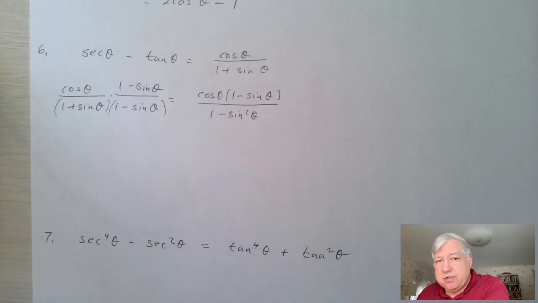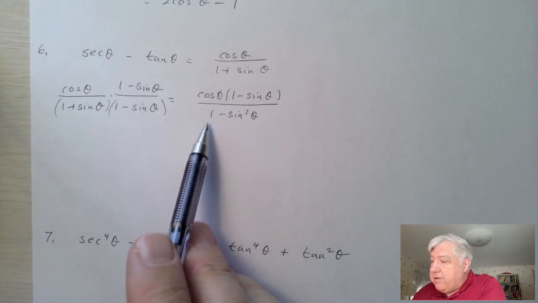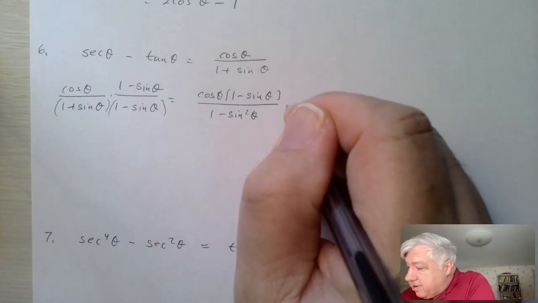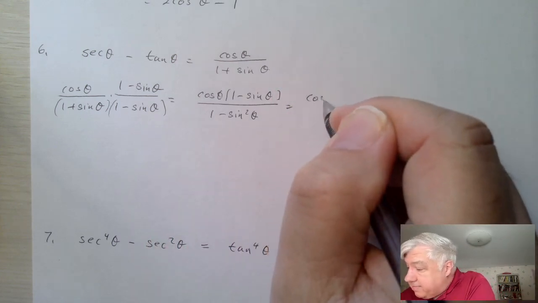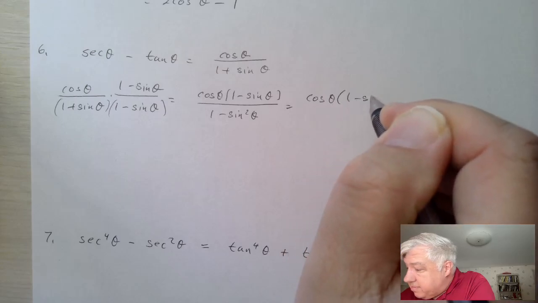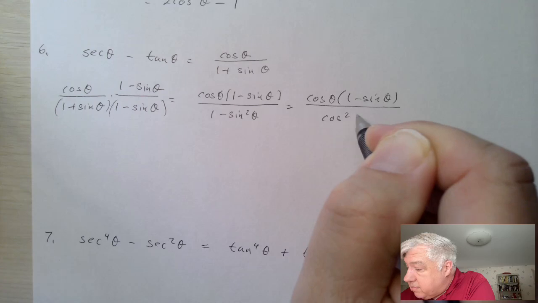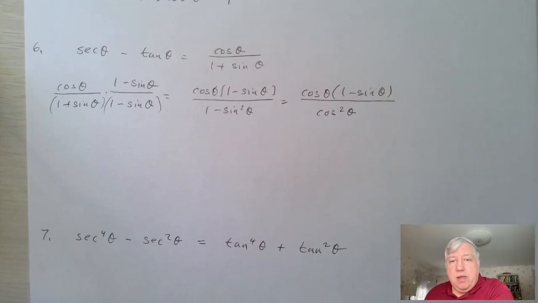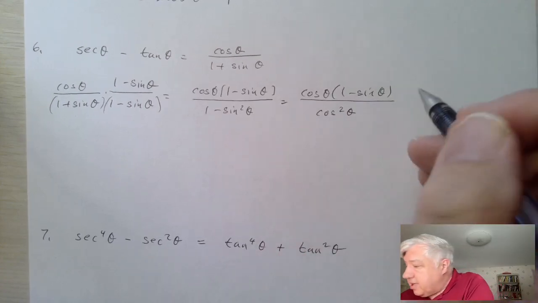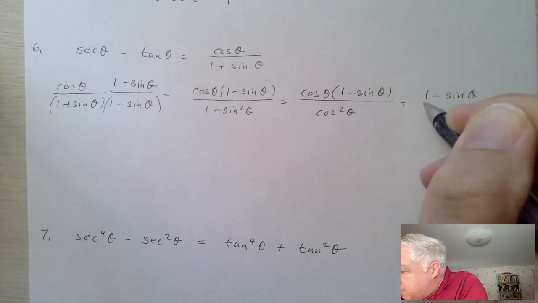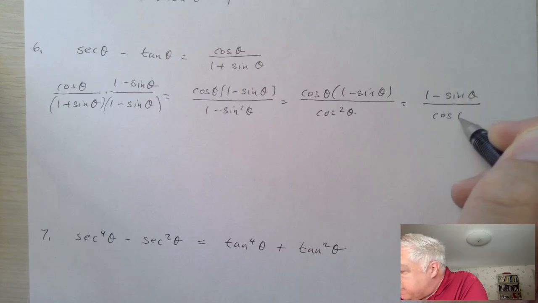Of course, 1 squared is 1. Now 1 minus sine squared of theta is cosine squared from the fundamental identity. And you can cancel one of these cosines. So this will be 1 minus sine theta over cosine theta.